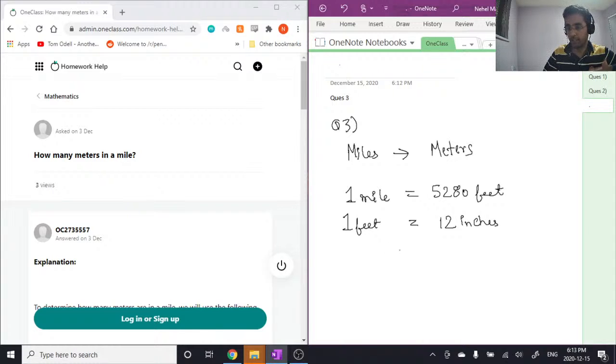Now to be able to get from inches to centimeters, I know the factor is 2.54. So 1 inch is equal to 2.54 centimeters. And then we know 100 centimeters equals 1 meter.